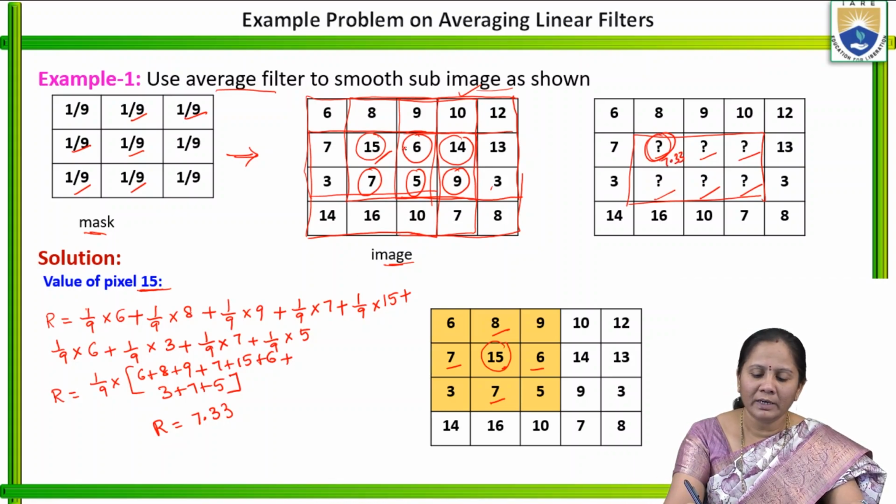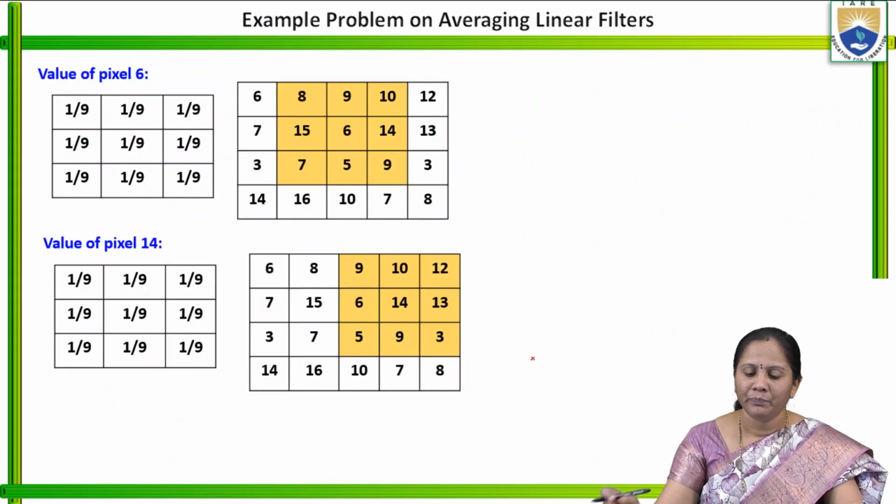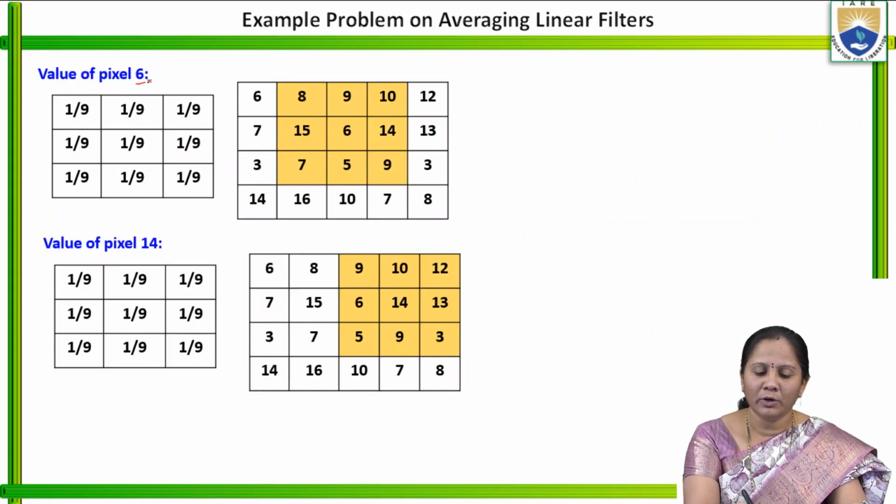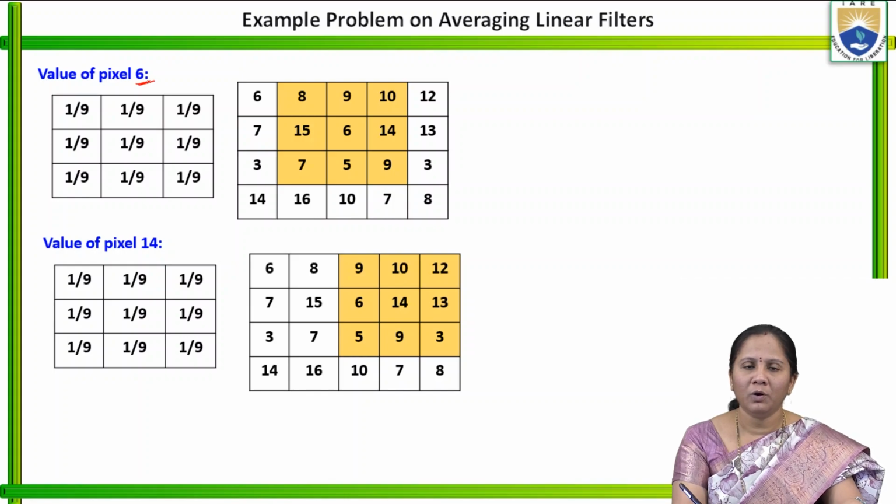Similarly, we have to calculate for 6 and 14. In order to calculate for 6, we have to shift this mask so that 6 becomes the center pixel. So, we have shifted the mask in order to find the new value of 6.